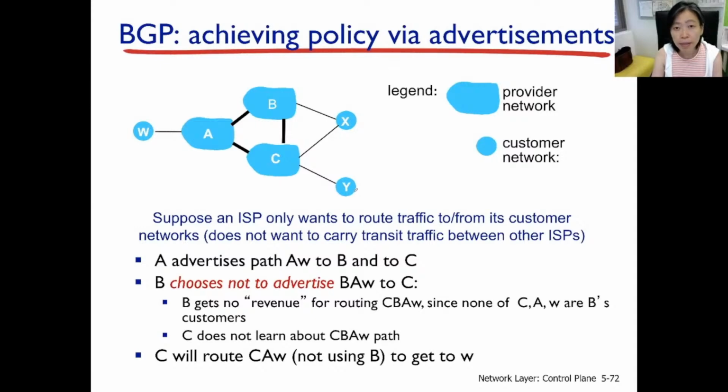In scenario 1, let's assume that there's a user in customer network Y wanting to send something to the user in W. In order for W to draw in traffic from the internet, its provider A will need to announce its existence.